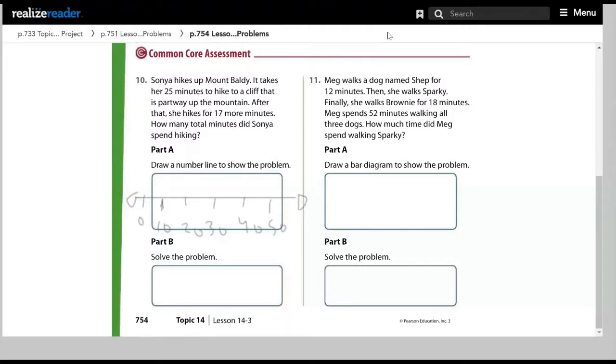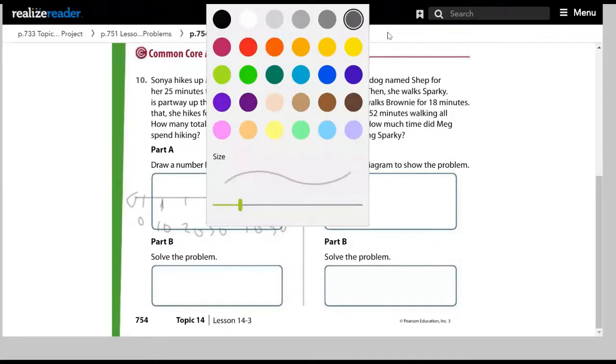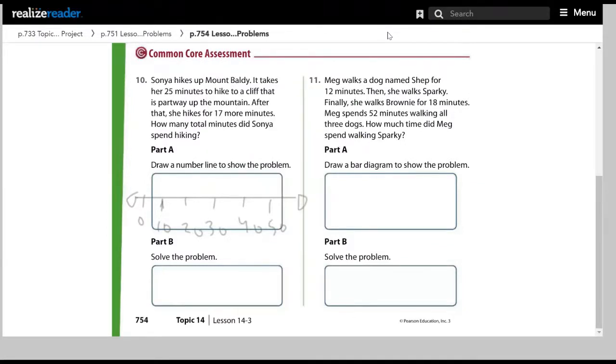Okay, so she hikes the first 25 minutes. So from 0 to 25. This is 25, it's between.